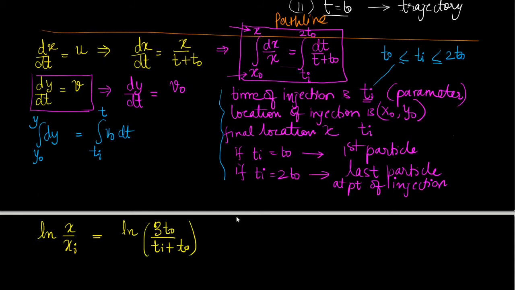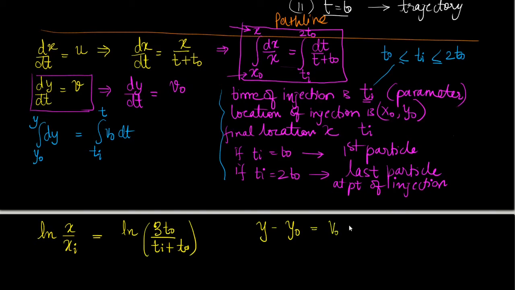So we can integrate the y equation quite easily, and it will give us y minus y naught is equal to v naught t. So this integration should be to the final time, that is 2 t naught, because it has to go from that variable time to the final time 2 t naught. So it will be 2 t naught minus ti.